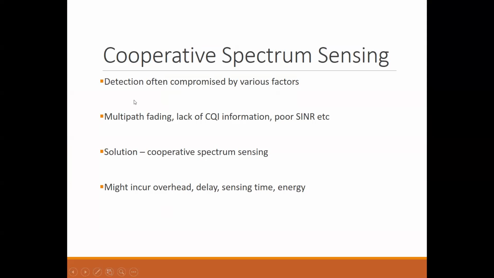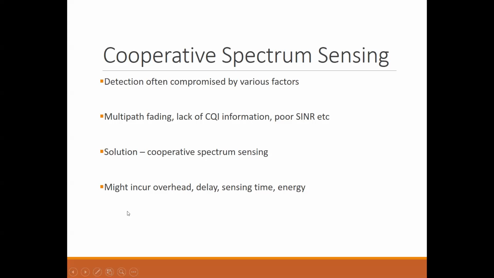The reason we go for that is that the detection part of spectrum sensing is often compromised by various factors like multipath fading, lack of channel quality information, and poor SINR. All these things lead the secondary user to either underestimate or overestimate the spectrum, that is, a false alarm or a probability of miss. Both happen because of the nature of wireless channels.